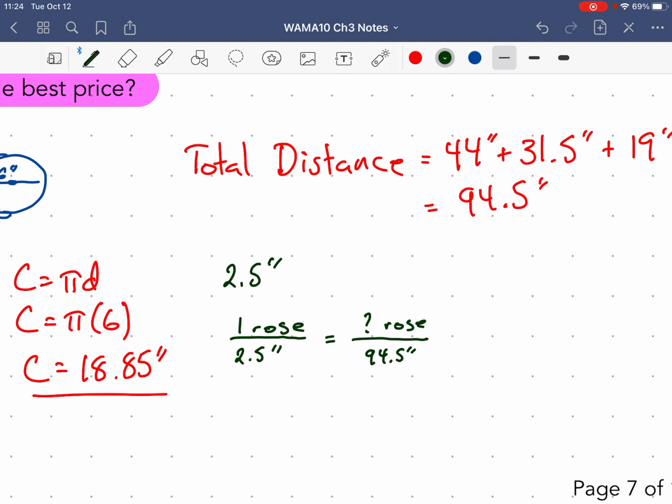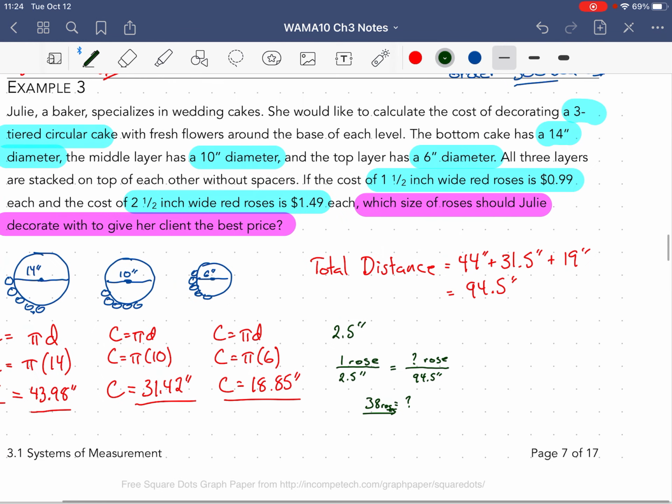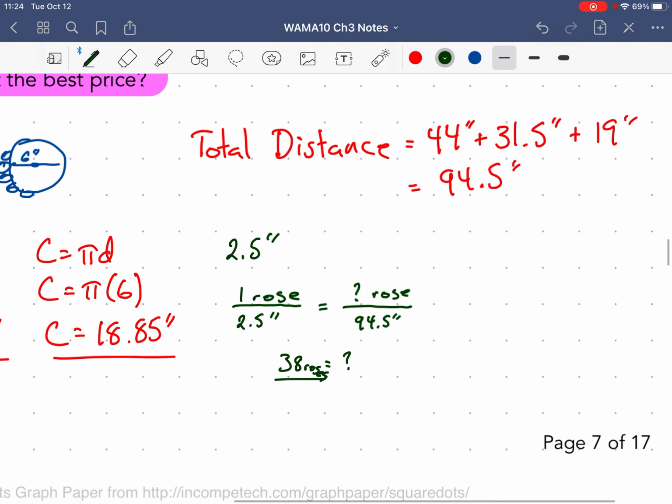So do 94.5 times 1 divided by 2.5, 37.8. So this will be 38 roses. Again, I make sure to round up the number of roses, never round down in this type of question. So 38 roses. Now the 2.5 inch roses are $1.49 each.